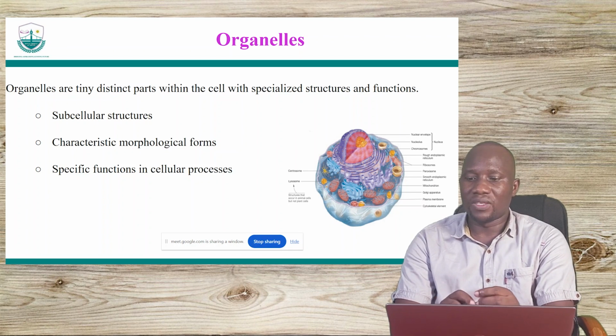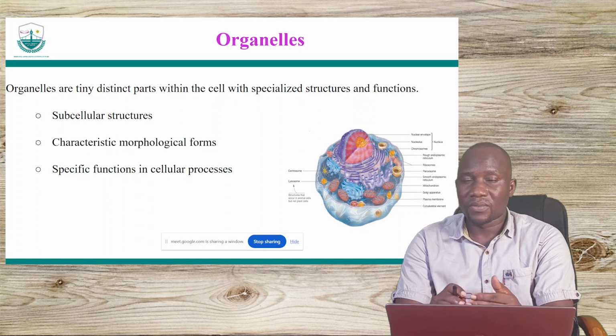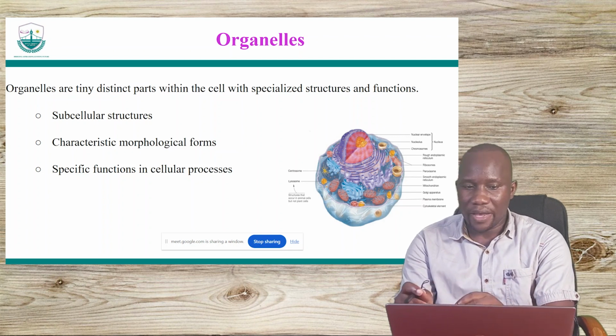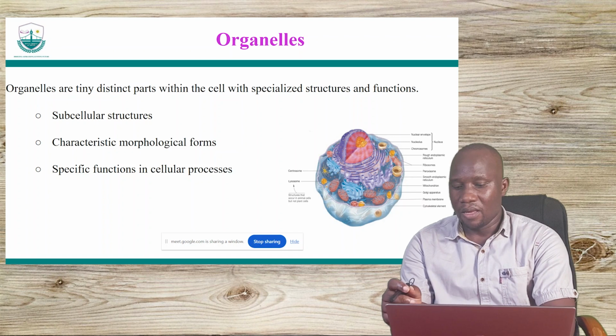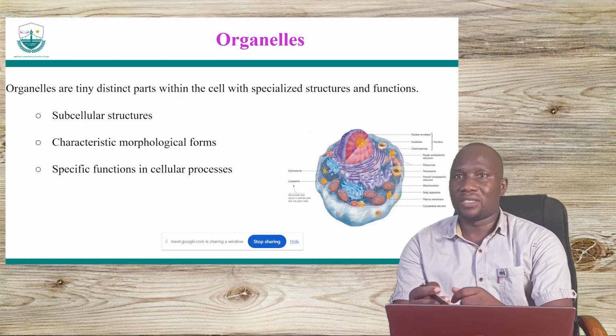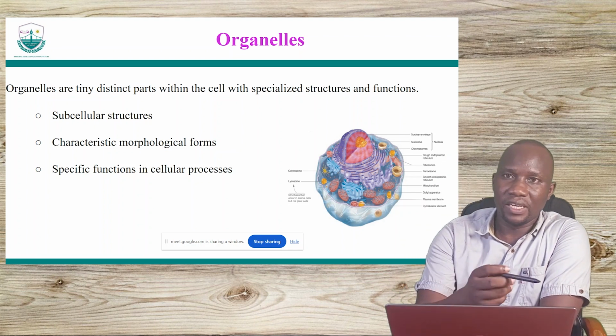So all the organelles that we are going to talk about have specific structure and specific function. They are quite many. Here we have listed a few of them. So let's just go through these that I've listed.